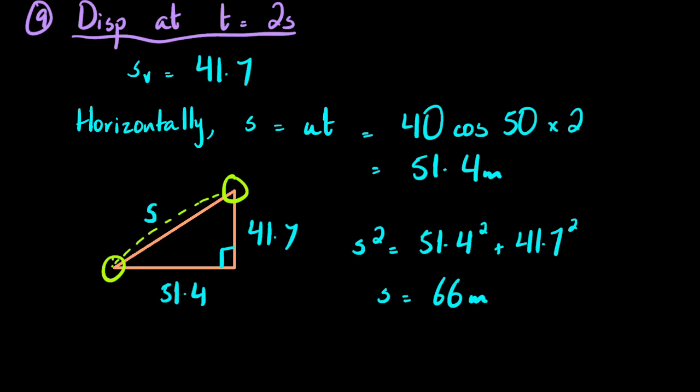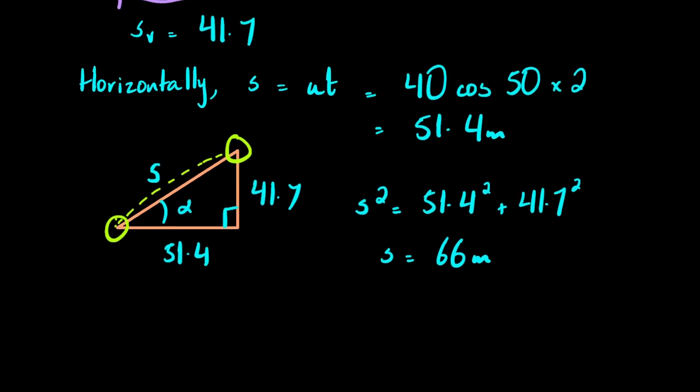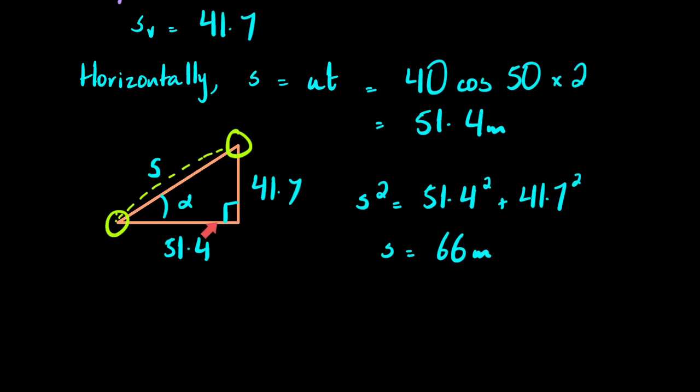Strictly speaking, the answer right now is not complete. We would also need to find this angle because displacement is a vector quantity, right? The angle that it makes with the horizontal. So for this case, I can just use tan. Or by the way, we can actually use any of the other ones as well because we know all the sides of the triangle.